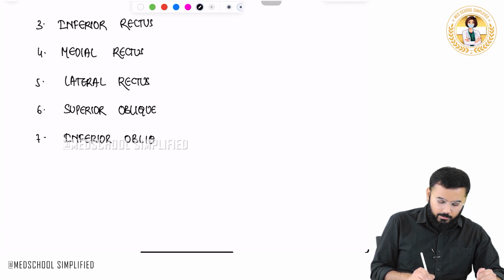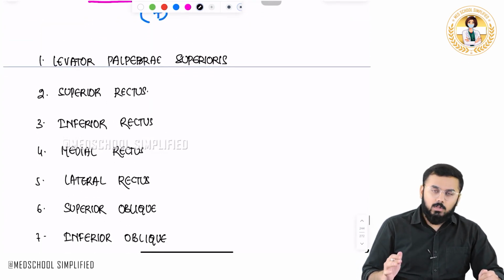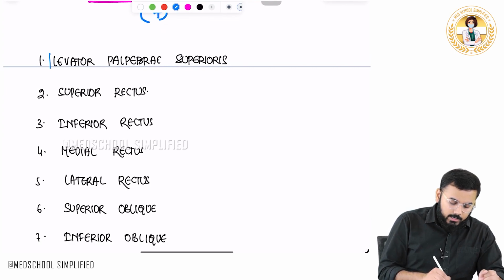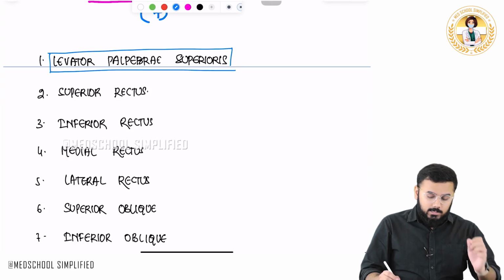So how many muscles in total do we have? We have 7 important muscles, right? Now out of these 7 muscles, the first important one is levator palpebrae superioris. The name itself tells us.